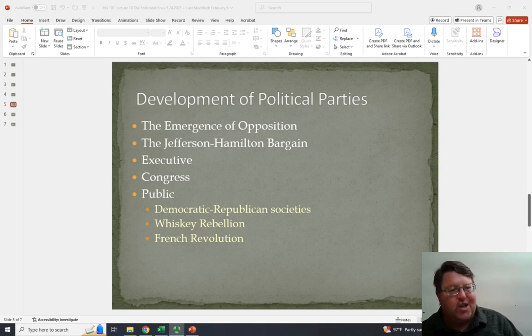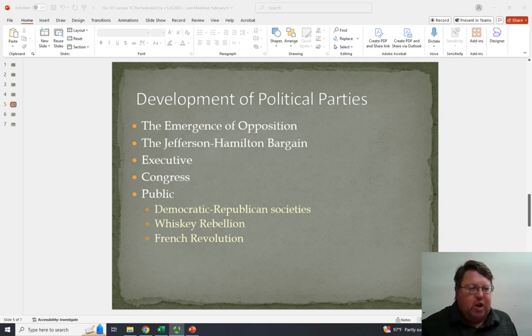So if you voted for your state legislature, you were also voting for your U.S. senator and who you wanted your electors to be. Because you'd vote for the state legislator that would go to the state legislature and pick the U.S. senator you liked. And so you have Jefferson supporters and Hamilton supporters.